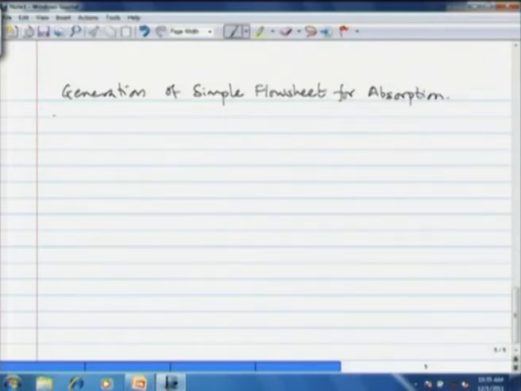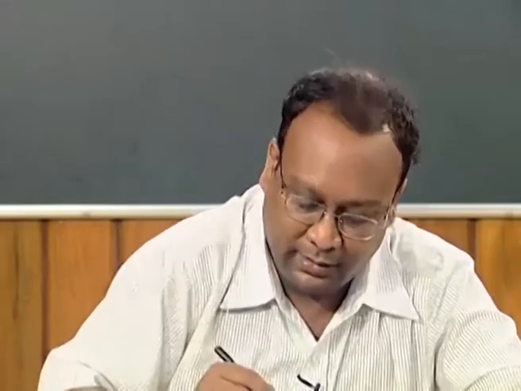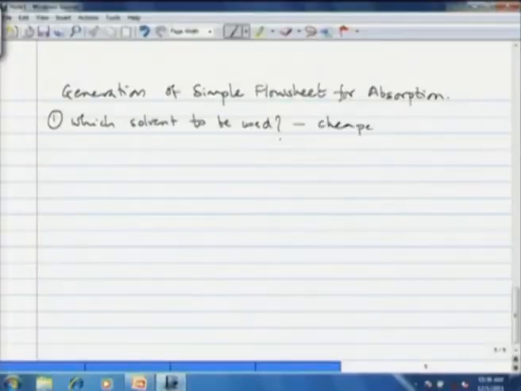The first question that will come to our mind is which solvent to be used for absorption of acetone. Now, here we have several options. Okay. We may use an organic solvent, or we may use an alcohol or some other solvent, but the cheapest would be water. Why water?